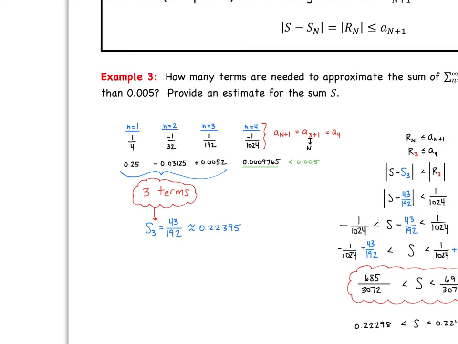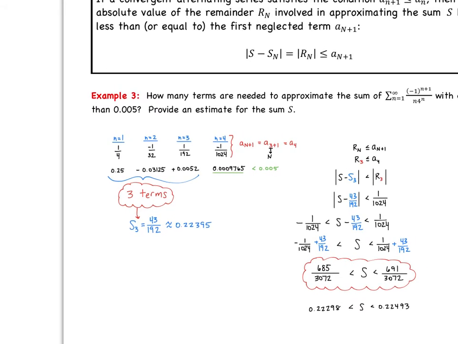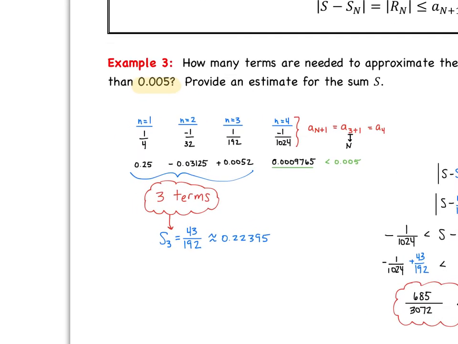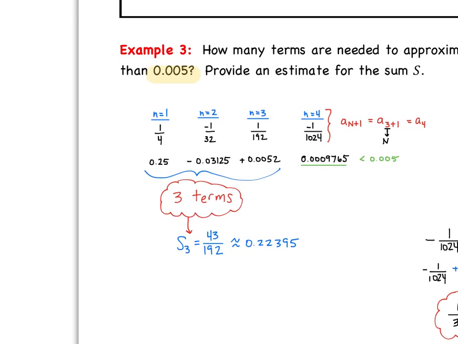So the first thing I'm going to do is zoom in here. Our series is this one over here, and that's what we're going to plug into. I want to find the value of each of those terms, and I want to find the first term that is less than 0.005. As I plug n into that series, when n is 1, we get 1/4. 1/4 is 0.25, which is not less than 0.005.